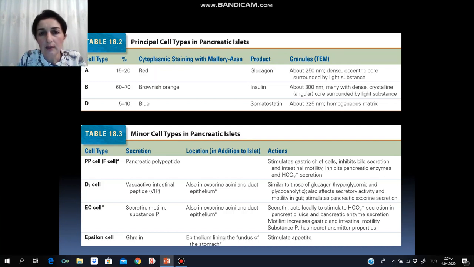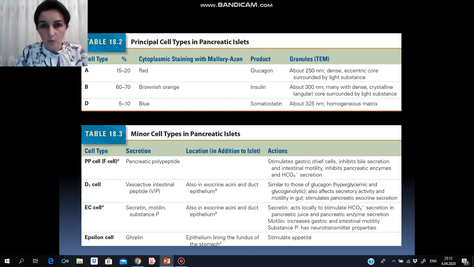The level of insulin increases under some conditions: an increase in the level of glucose, amino acids, and lipids, and also an increase in the level of stress hormone. The stress hormone cortisol also increases the level of insulin in blood circulation.